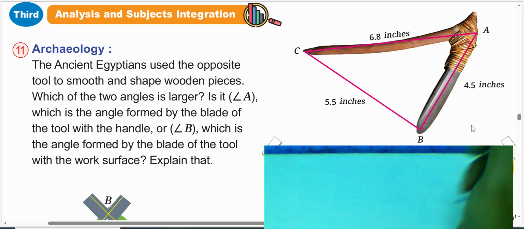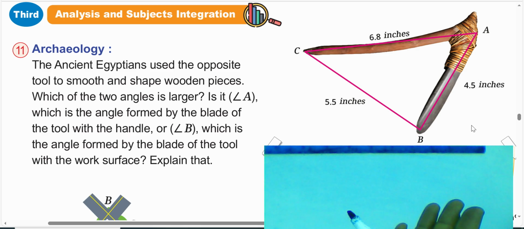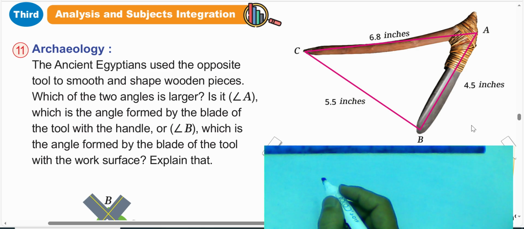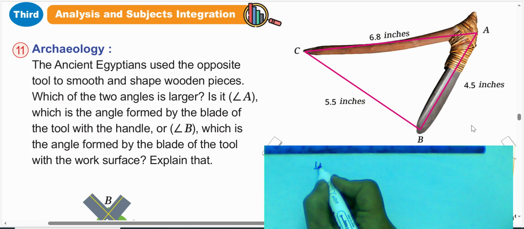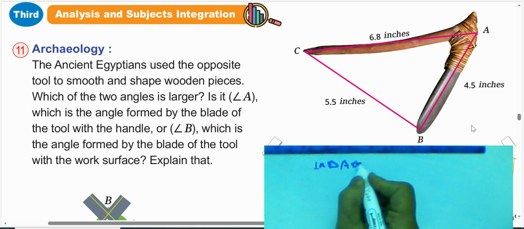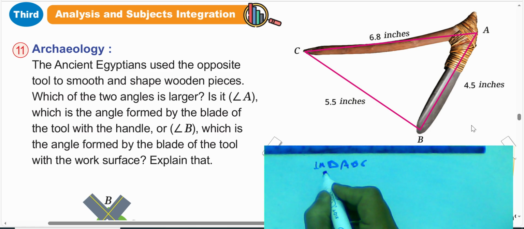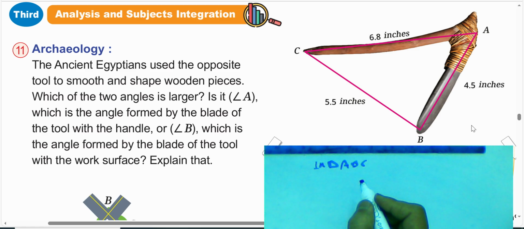We have a relation between three sides. Look here, 6.8, and we have 4.5 and 5.5. Then we can find the relation between the sides in the triangle. We can write in triangle ABC, we have different sides.